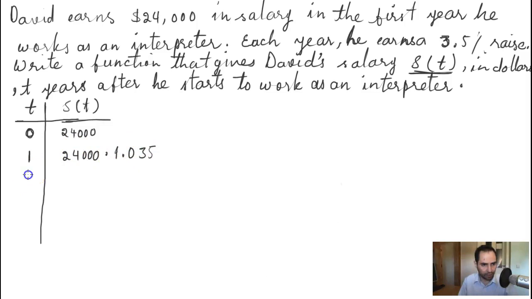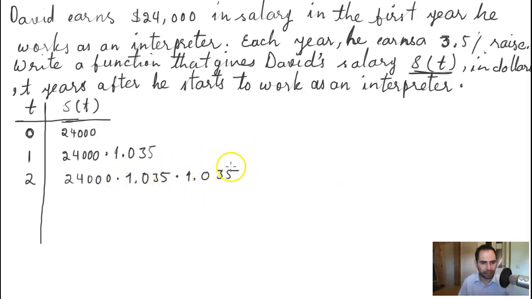At the end of the second year, you have the same salary, 24,000 times 1.035, and then you increase this by again 3.5%, so times 1.035.